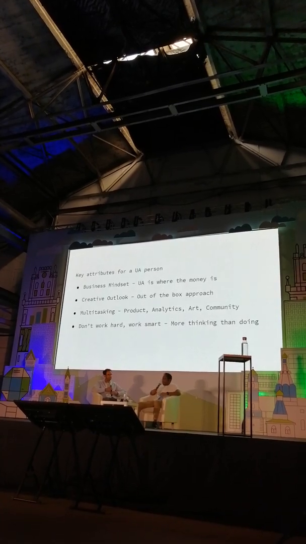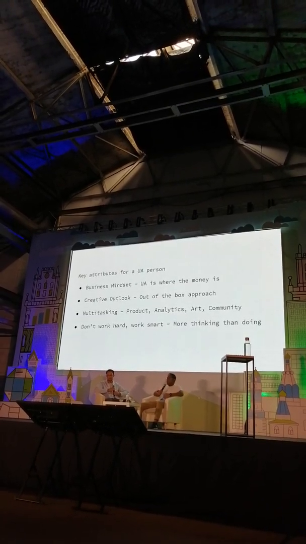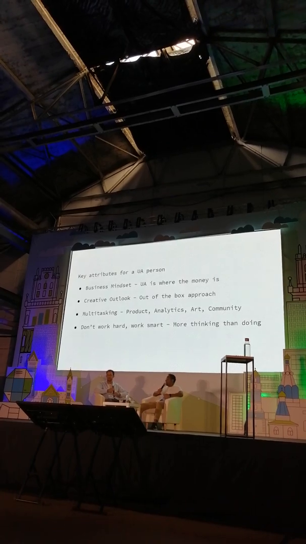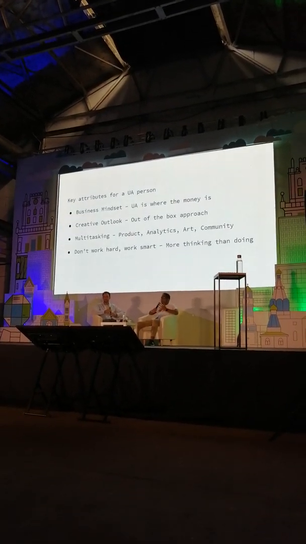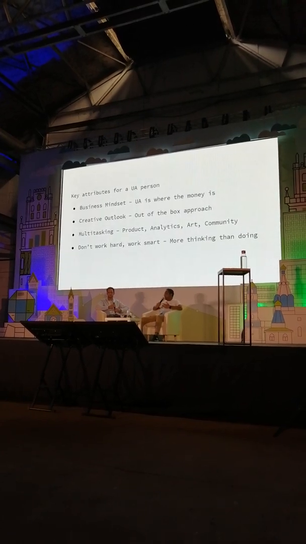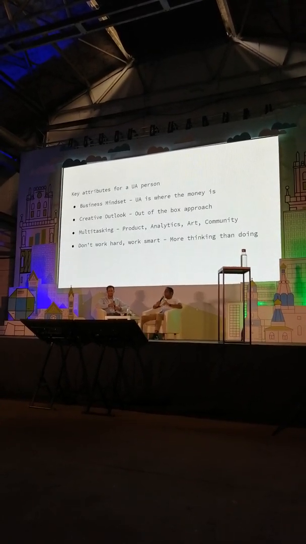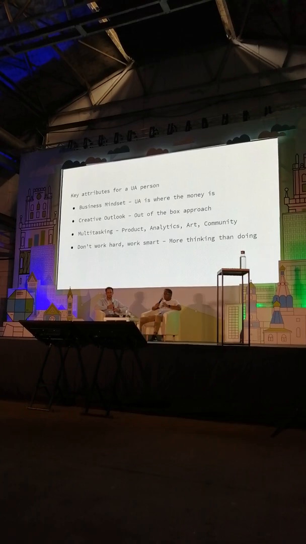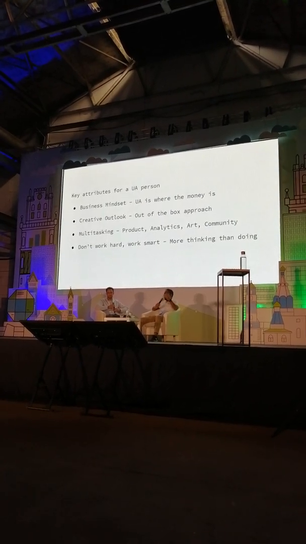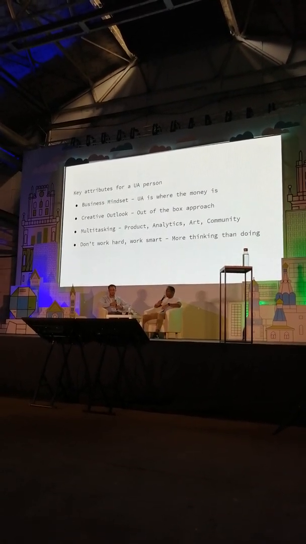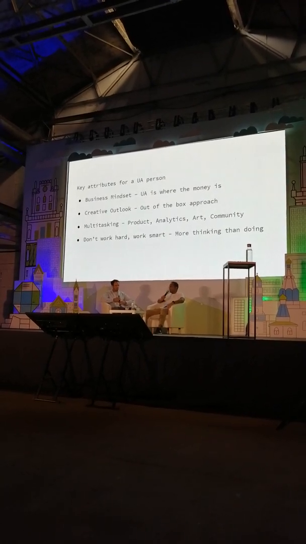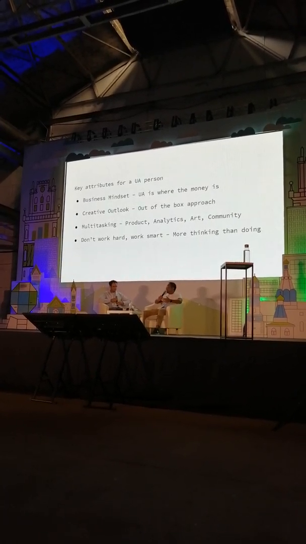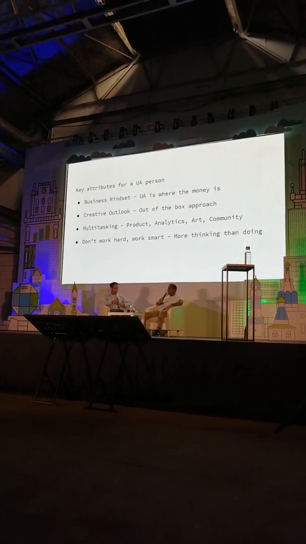And then the next point is about creativity. Not only how strong a creative is in terms of conversion, but also the thinking of the UA person needs to be out of the box, a strategic approach that is tailored to the company they work for, not just copying what their friend in another business does, but actually thinking strategically how to do UA for that specific product.